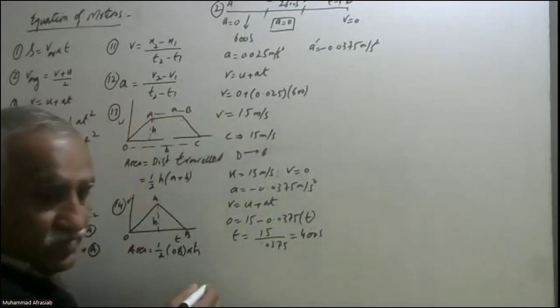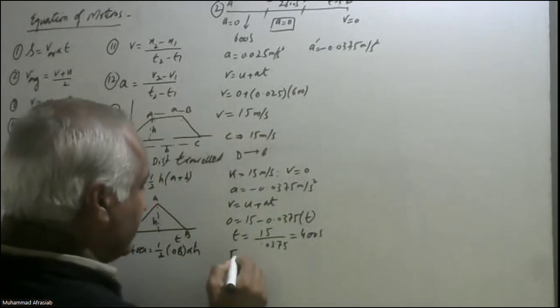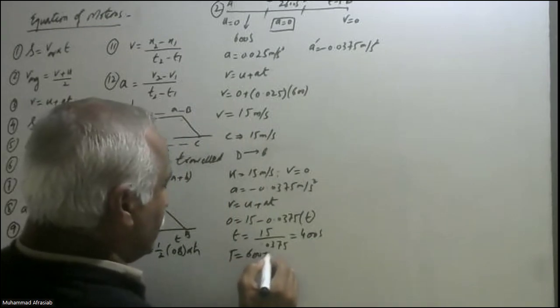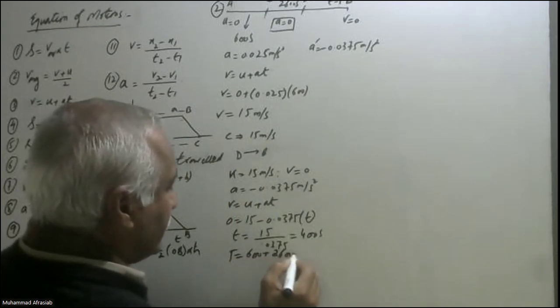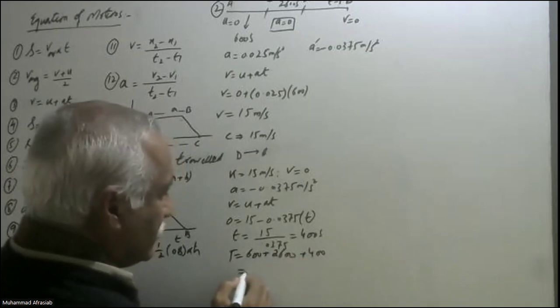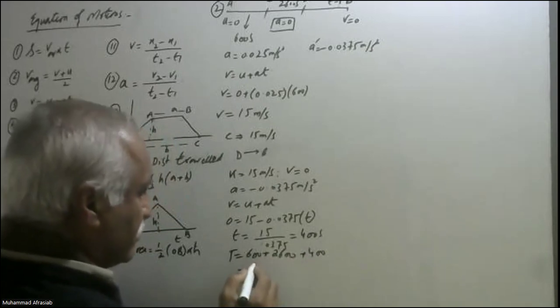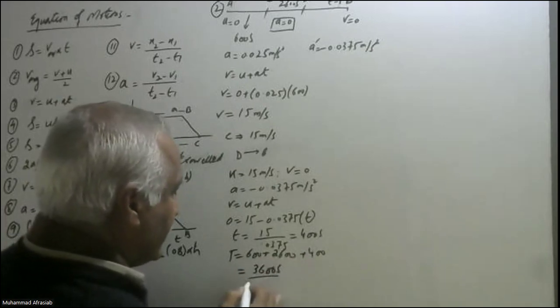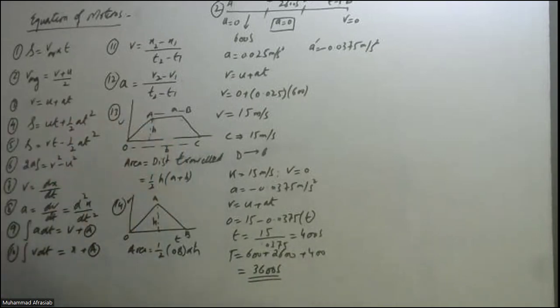So the total time for this journey is 600 plus 2600 plus 400, and that is equal to 3600 seconds. It is going to take 3600 seconds for the whole journey from A to B.